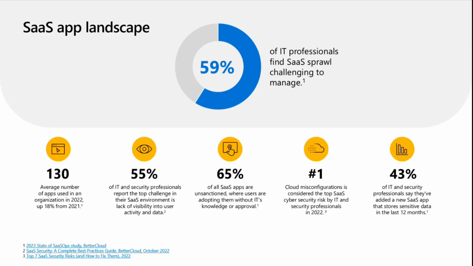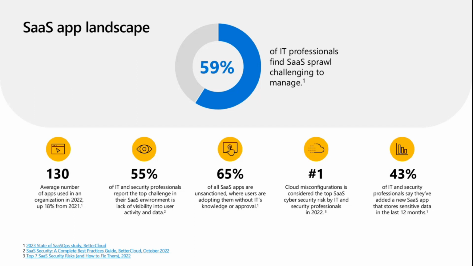So let's take a look at how the SaaS app landscape has changed, right? We know that SaaS applications and its corresponding data is exploding at an exponential rate, as every organization continues to grow their SaaS application usage, which is up 18% year over year. This is the percentage of SaaS application usage that we see year over year.